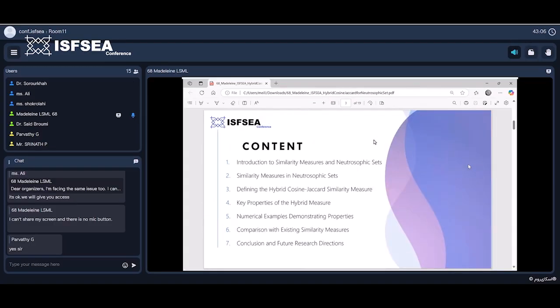The content of today will be introduction to similarity measures and Neutrosophic sets, similarity measures in Neutrosophic sets, and we are going to propose hybrid cosine-Jaccard similarity measure, and we are going to introduce the key properties of the hybrid measure, and we also demonstrate some numerical examples according to the properties.